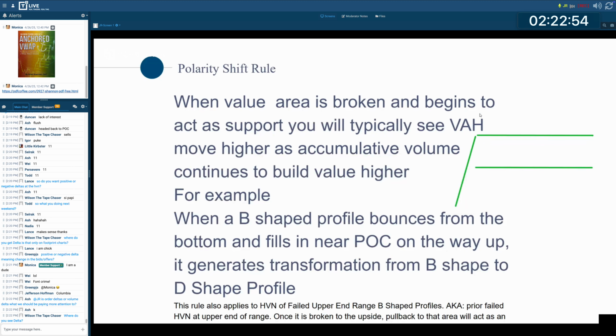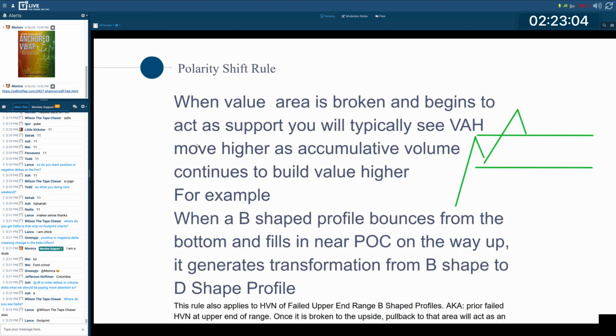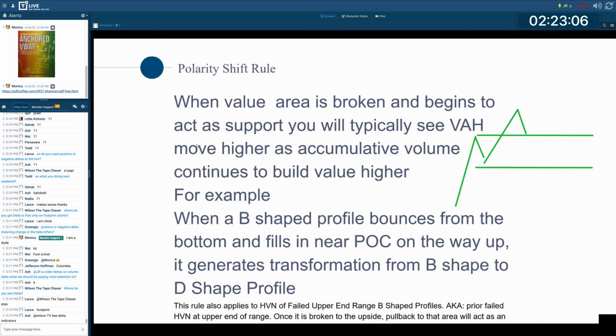So when value area is broken and begins to act as support, okay, so when the top green line is value area high, and starts to act as support, you will typically see value area high move higher as accumulated volume continues to build higher. Right? Does this make sense?